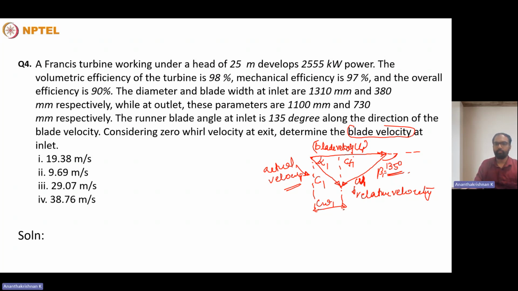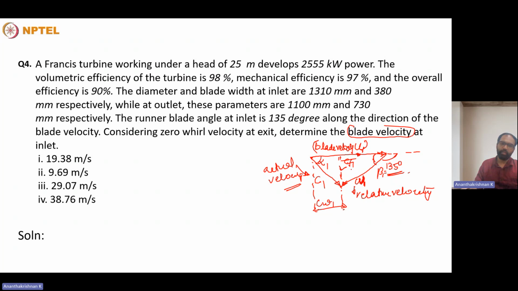Taking this particular triangle, after knowing the flow velocity term and this particular value, based on this angle, we can determine the value of the blade velocity u.